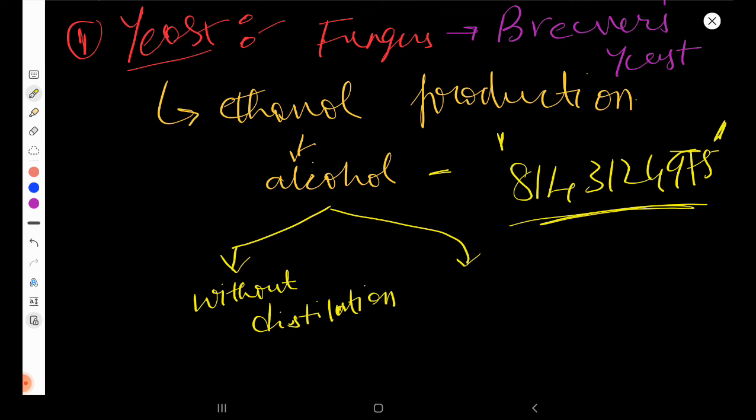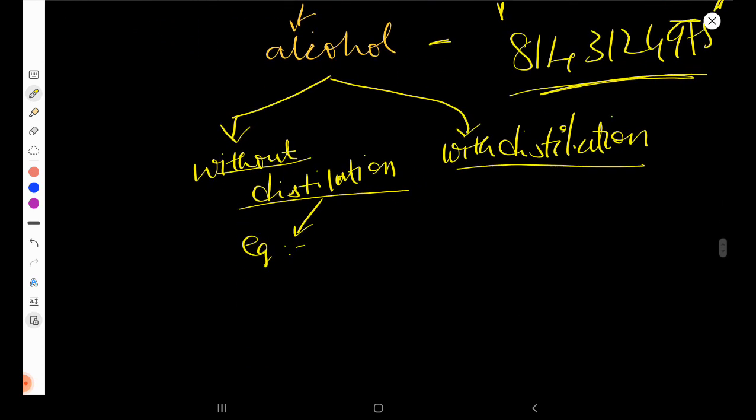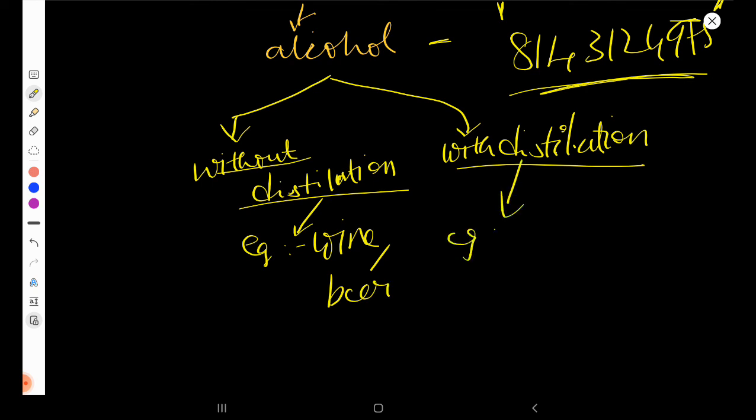So now, alcohol without the distillation and with the distillation. Alcohols prepared without distillation are wine and beer. Examples are wine as well as beer. With the distillation, there are many examples.